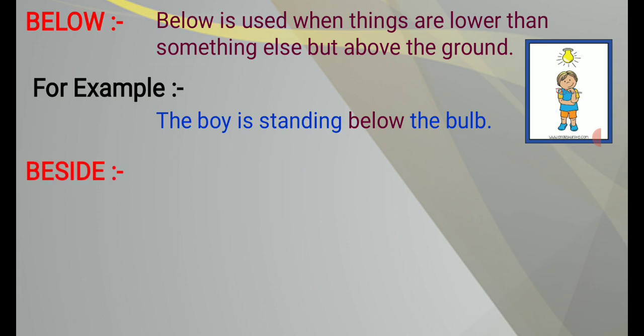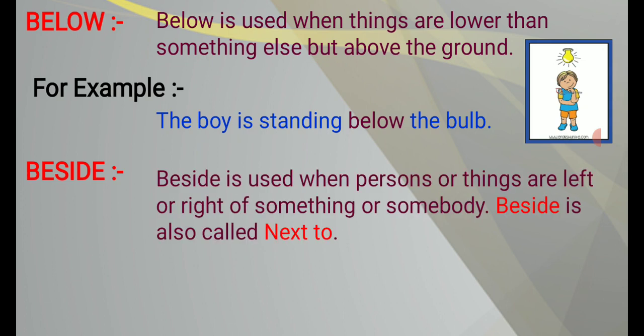Let's move on. Next preposition is beside. Beside is used when the person or things are left or right of something or somebody. Beside is also called next to.